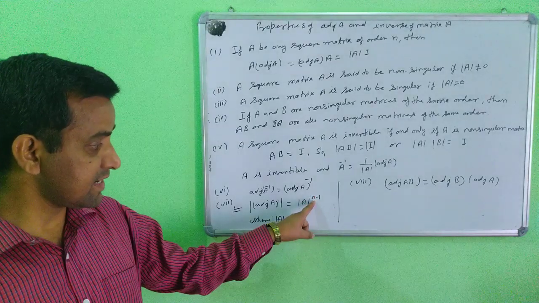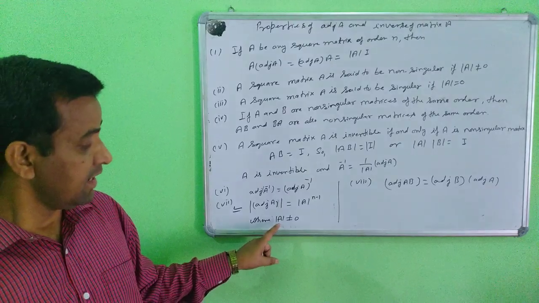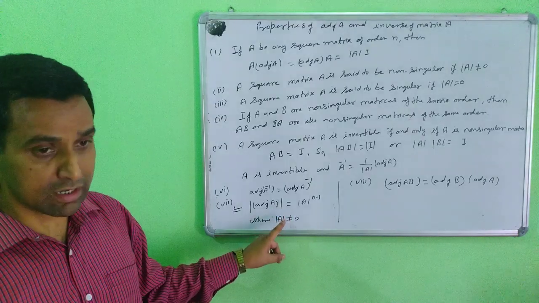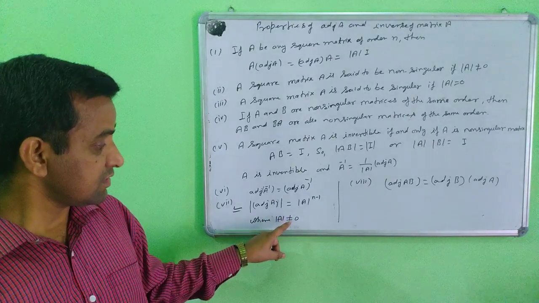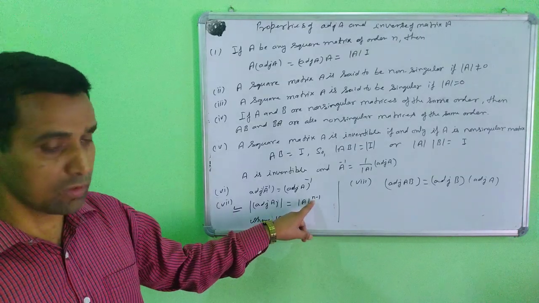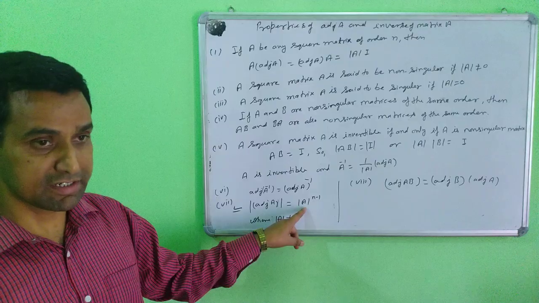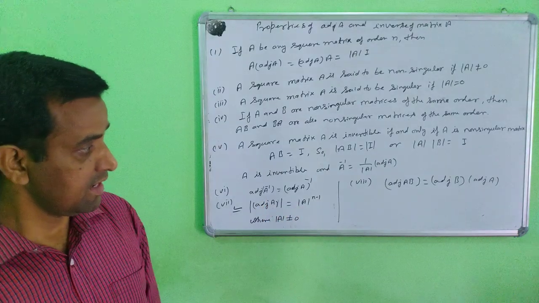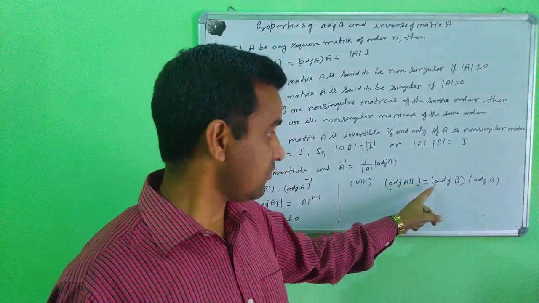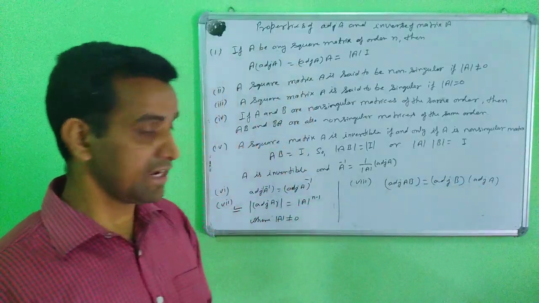This rule is implemented only for a non-singular matrix, where the determinant of A is not zero. Here n is the order of the matrix, so you take n minus 1, find the determinant, and then you find the value of the determinant of adjoint A. And the eighth and last property: adjoint of AB equals adjoint B dot adjoint A. These are the 8 properties.